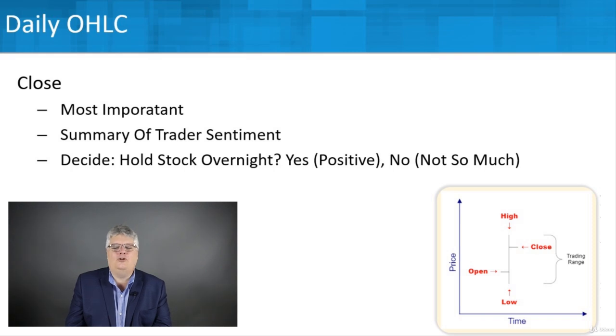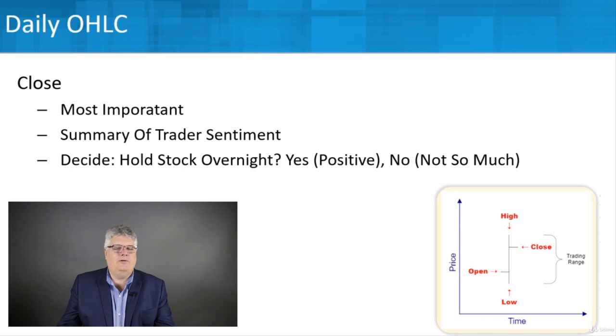They're deciding, do I want to hold this security overnight, which might be a good positive sign, or am I selling it and driving that closing price down because I don't want to hold it overnight, since I don't believe in it as much? So in a real microcosm of just a day, you can get a feel for what sentiment might be within that daily bar. Whatever it opens at the next day, well, that's an opening at that point, but you can get a good feel for the closing prices.